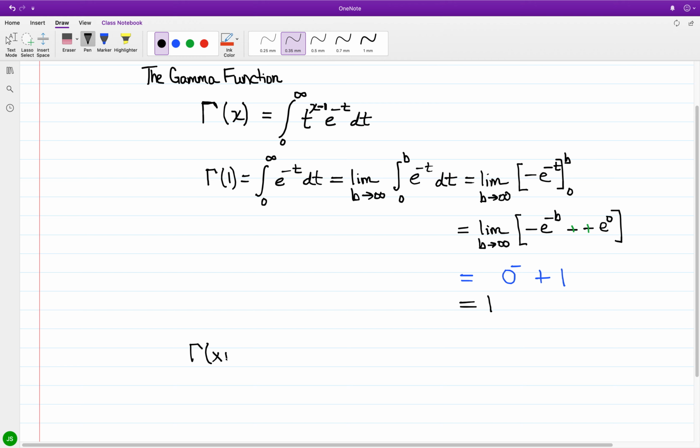If I extend the input x out to x plus 1, we have an improper integral, again going from 0 to infinity, and this time we're going to have t to the x plus 1 minus 1. So this will be of t to the x times e to the negative t dt.